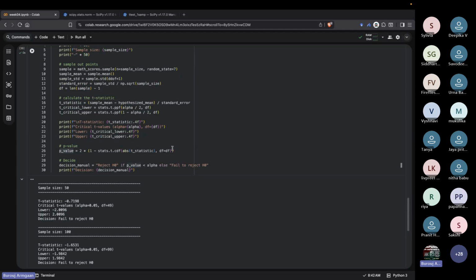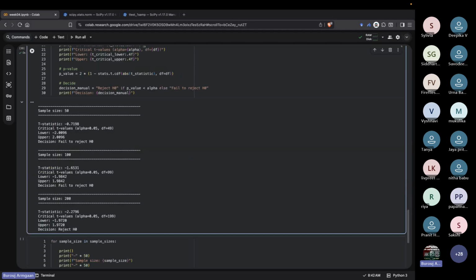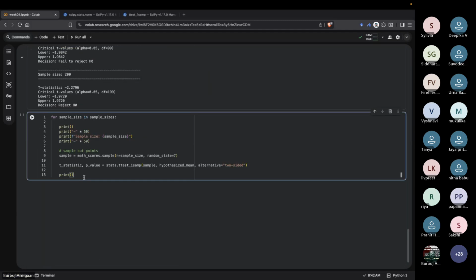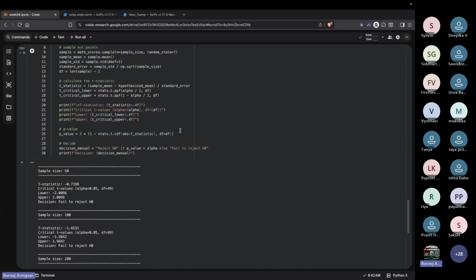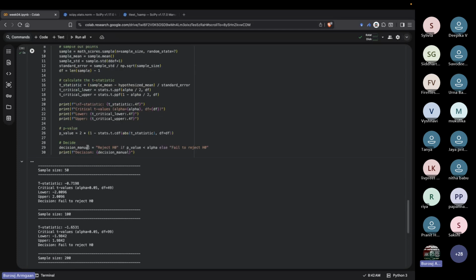We can repeat this part. That is, the t statistic was this much. Our p-value, where did we not print our p-value?